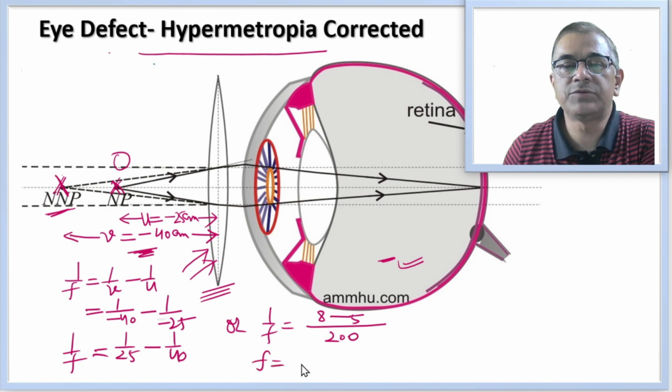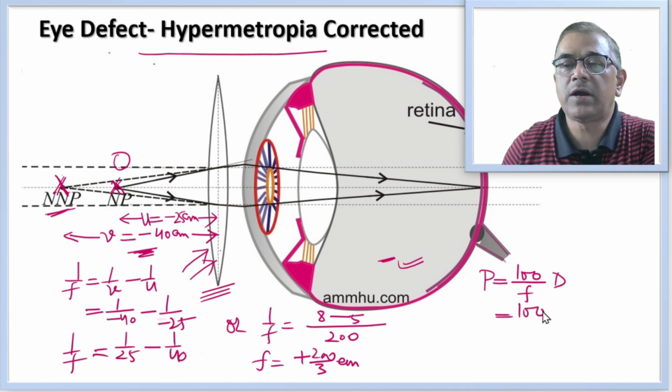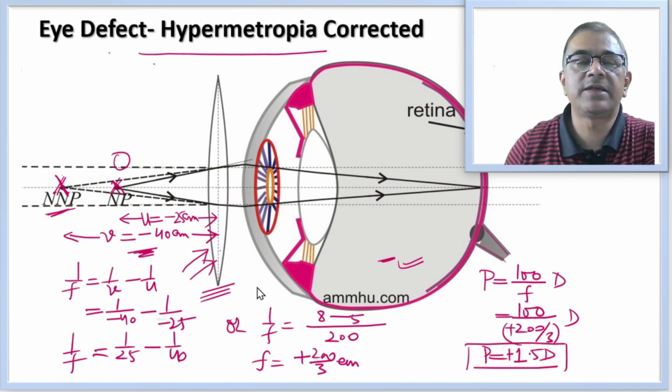So F is equal to plus 200 by 3 centimeter. Now the power of this convex corrective lens should be equal to 100 by F diopter, which is 100 by 200 by 3 diopter, and this is equal to plus 1.5 diopter. So this is the power of the corrective lens required.